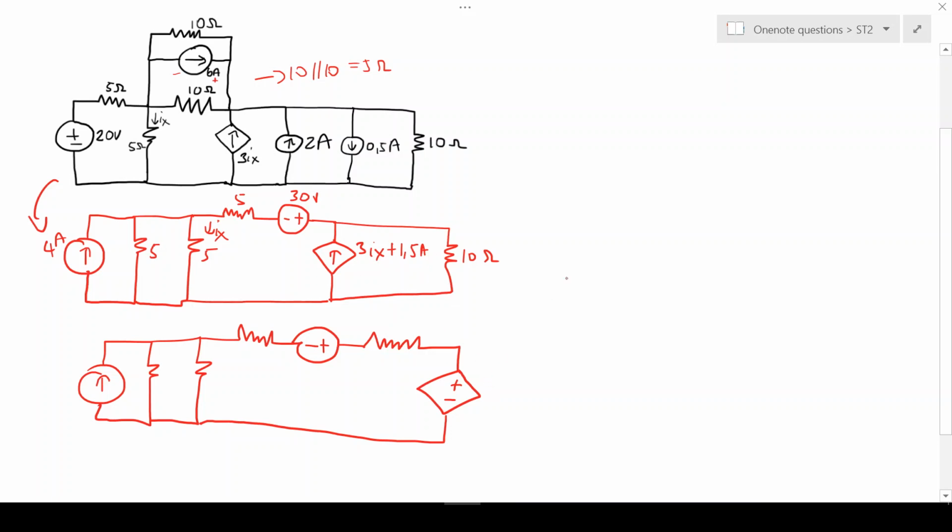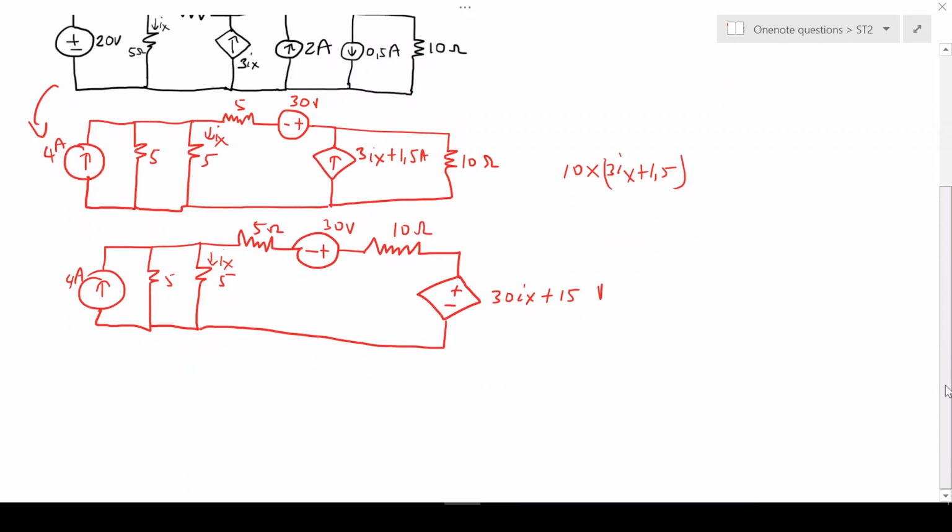So that will give me a value of this voltage, which will be 30Ix plus 15, and it will still be 10 ohms, 30 volts, 5 ohms, 5 ohms, 5 ohms, and 4 amps.